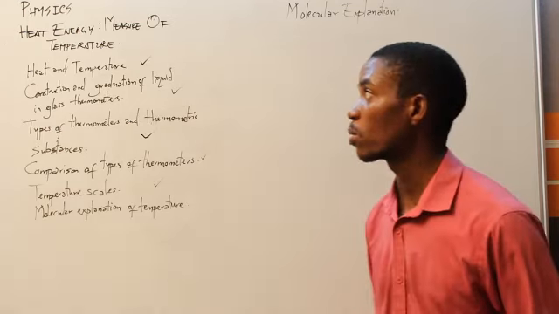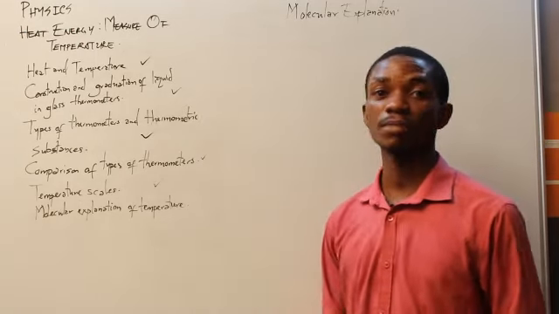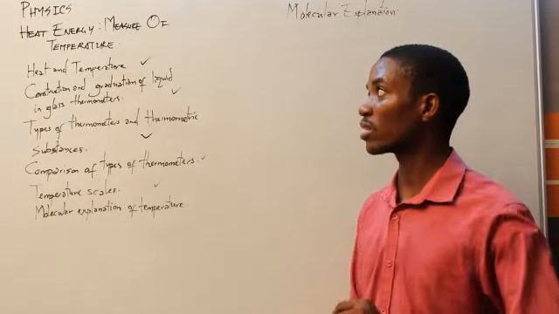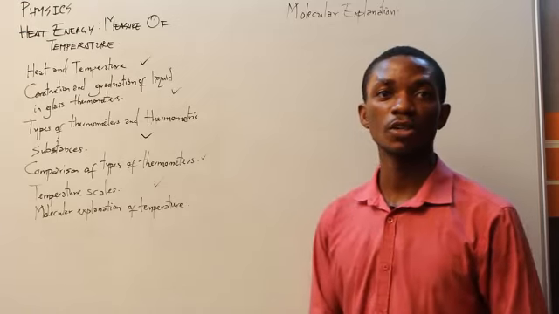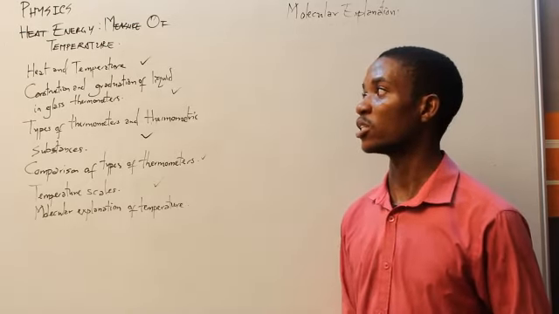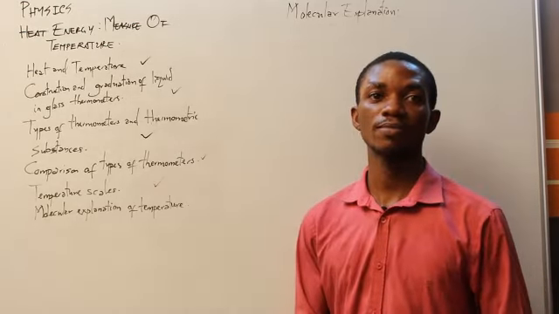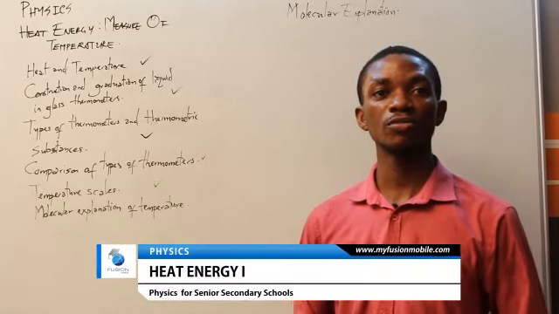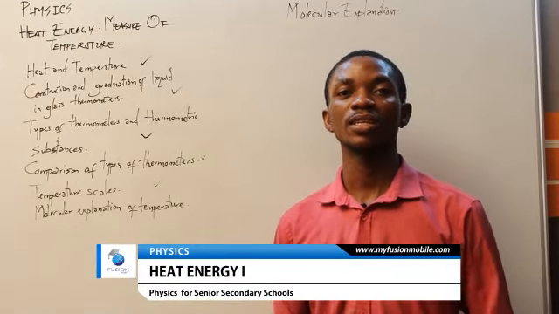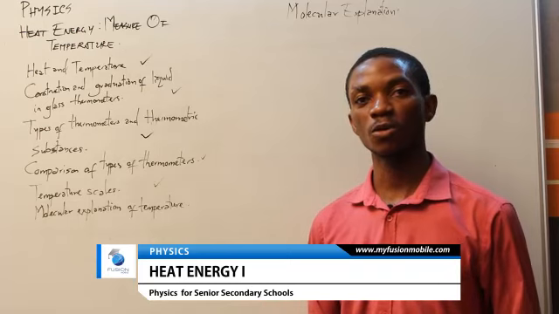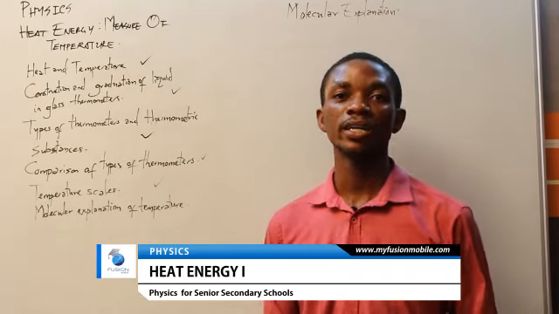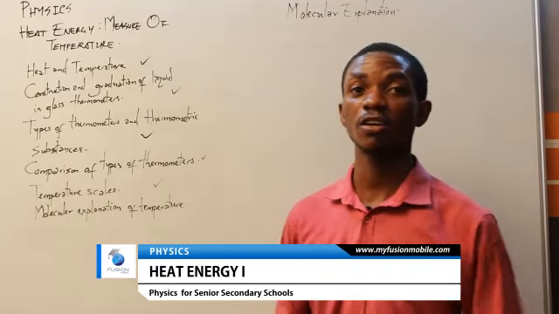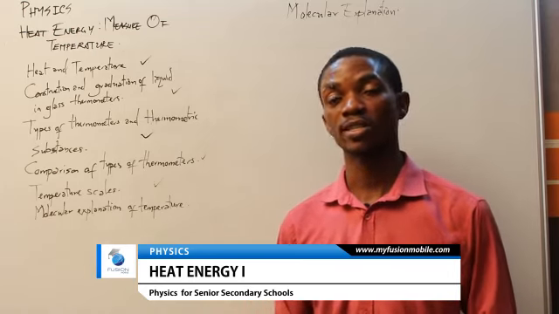In this particular topic, we considered measurement of temperature and heat energy. We described heat as an energy, and we described temperature as the degree of hotness or coldness. We compared them with each other. Heat is measured in joules, while temperature is measured in Kelvin, Celsius, or the Fahrenheit scale.